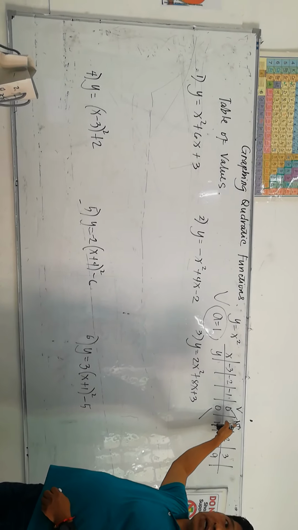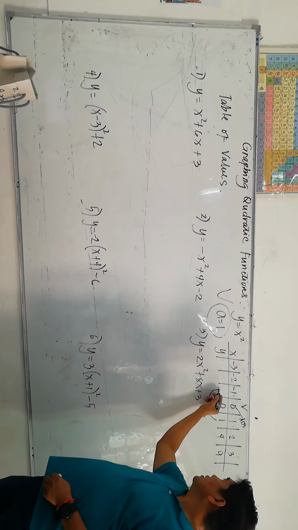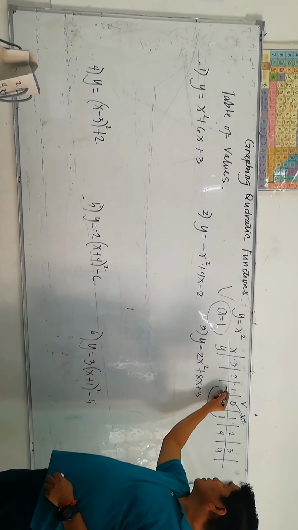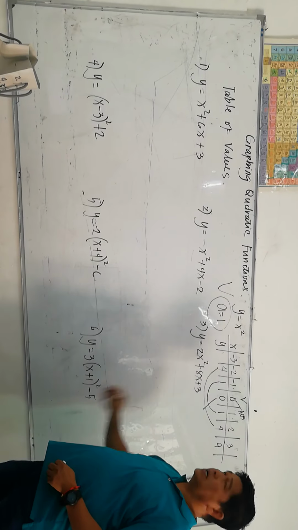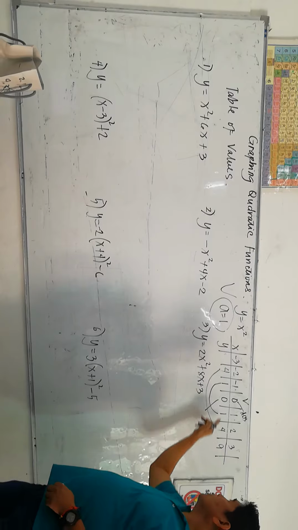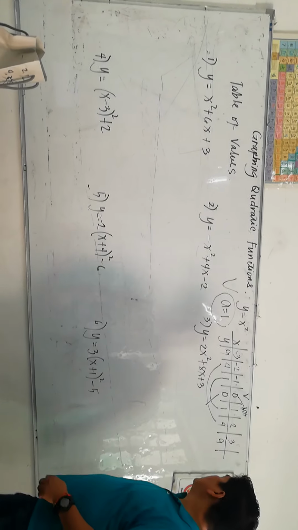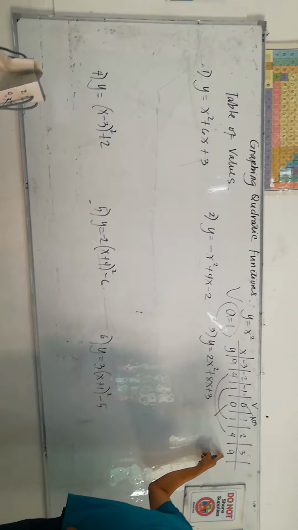Since this is your axis of symmetry, 0, this value is also the value of negative 1 squared, equal to 1. Reflect the 4 to the other side, and 9 also when you square negative 3. So the values are 0, 1, 4, 9.